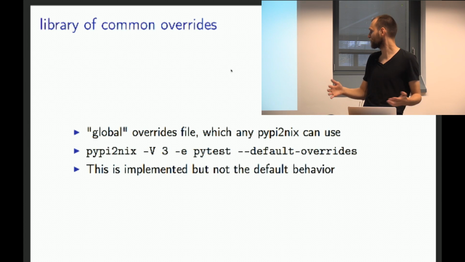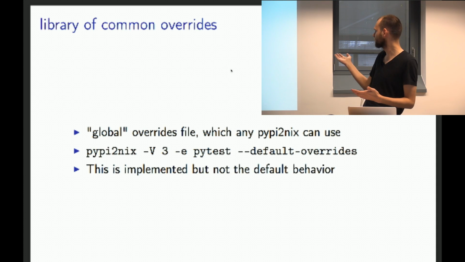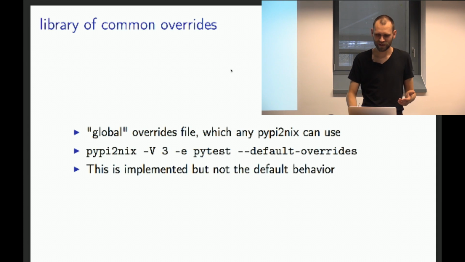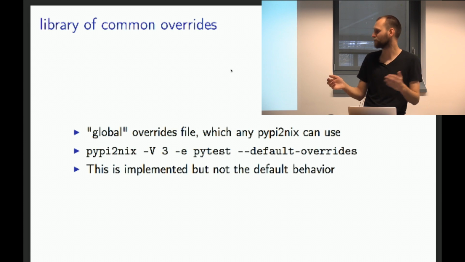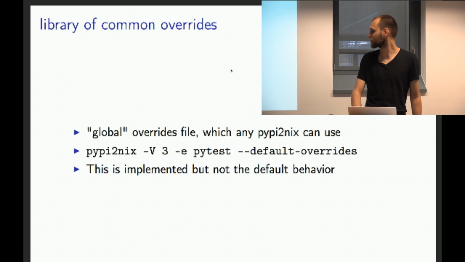This depends on the revision that was current when you executed this command. So if you generate the Nix expression, it won't break in the future, even if we update something that might break; your old expressions would still work. This is not the default behavior, but it is planned to be the default behavior soon.